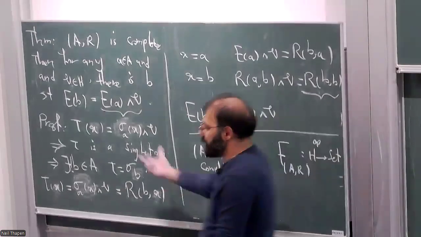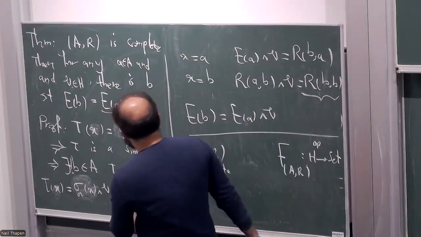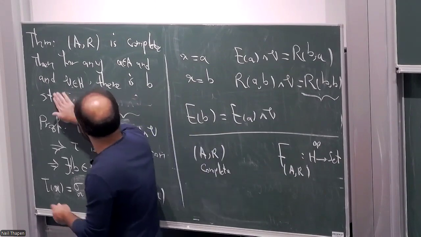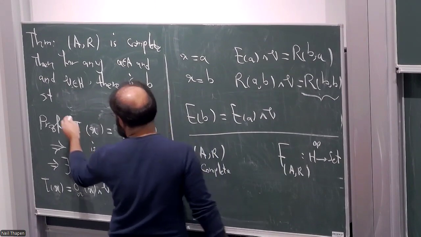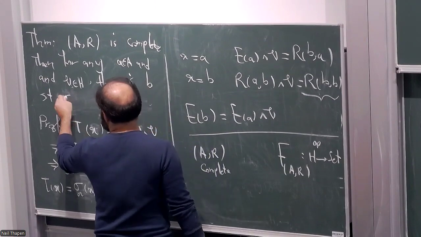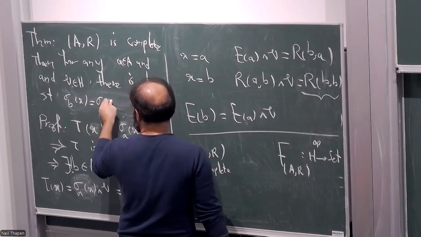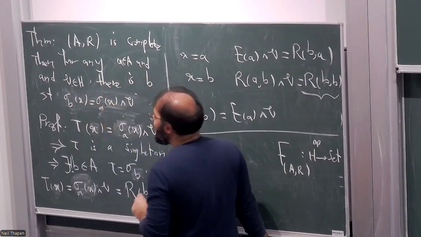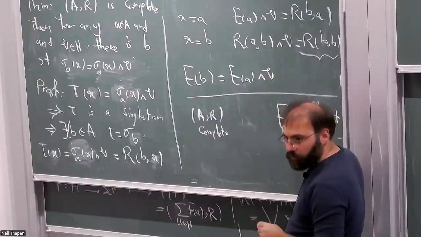If the property is this. Yes, you're right. So the right property is not this. So I have to change it with exactly what I have here, such that sigma B of X equals sigma A of X and B. That B is unique, and I have to use that B here.